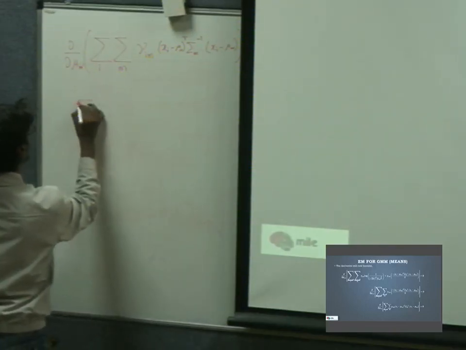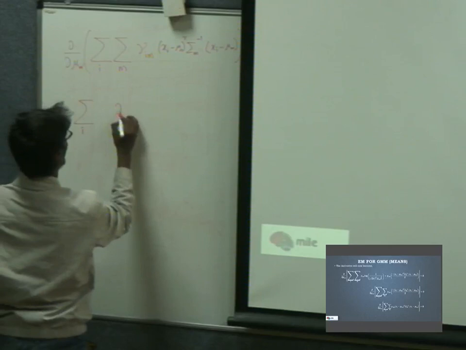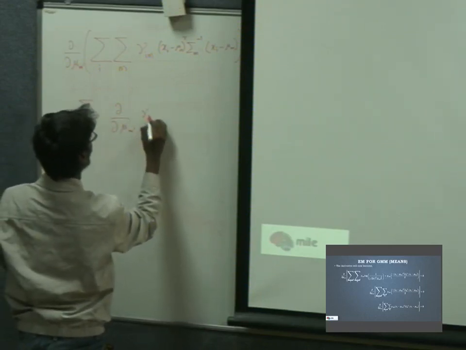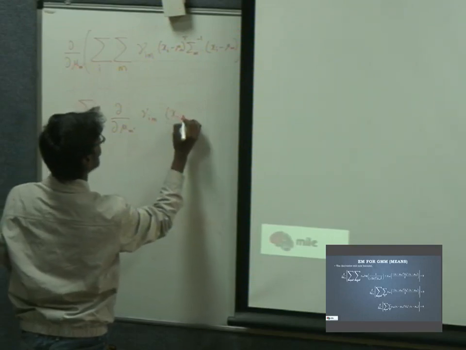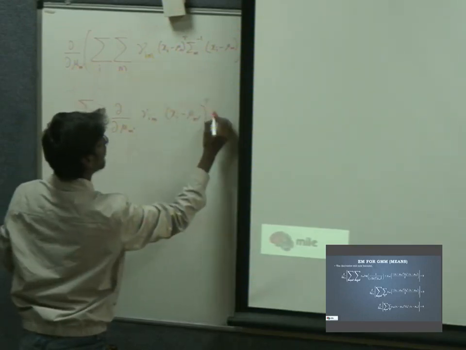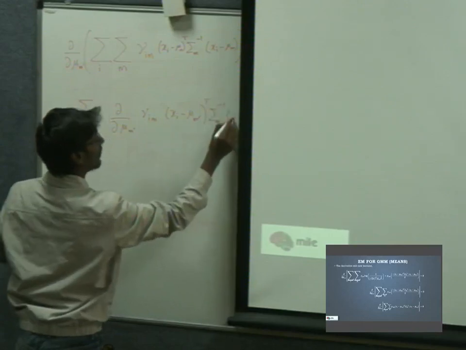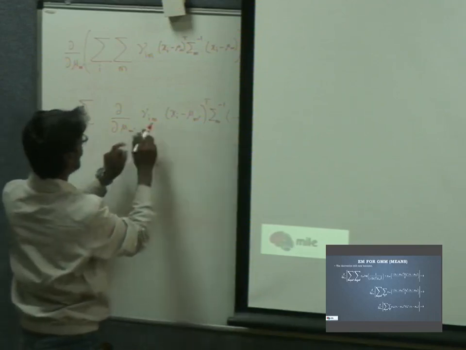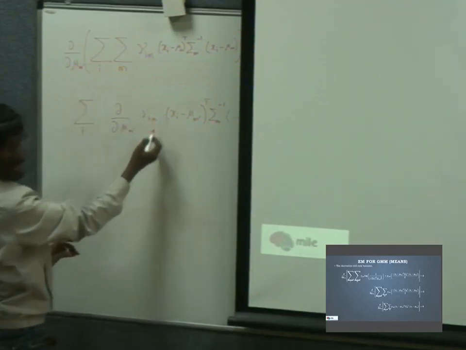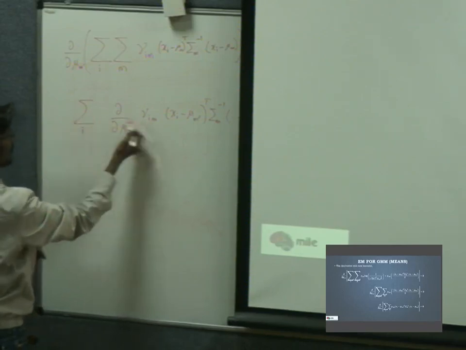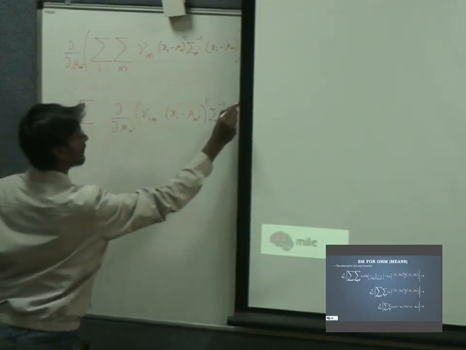So we can write it as xi minus mu m dash, transpose sigma m inverse, xi minus mu m dash. This one doesn't have any mu m dash term, so you can take it outside the derivative.